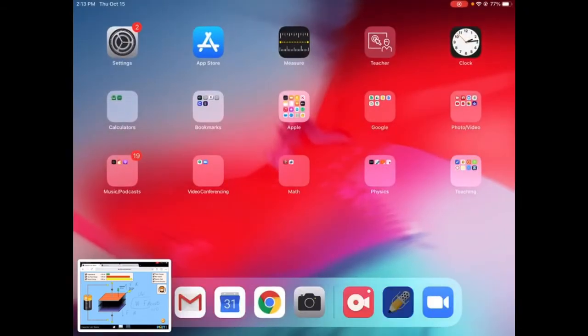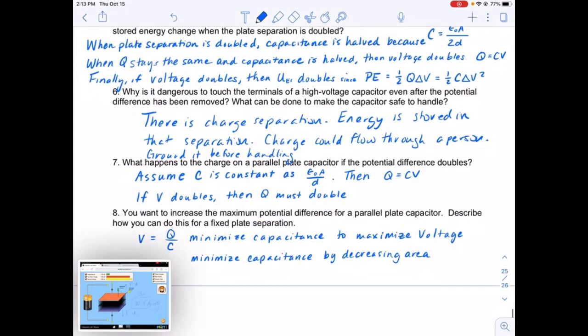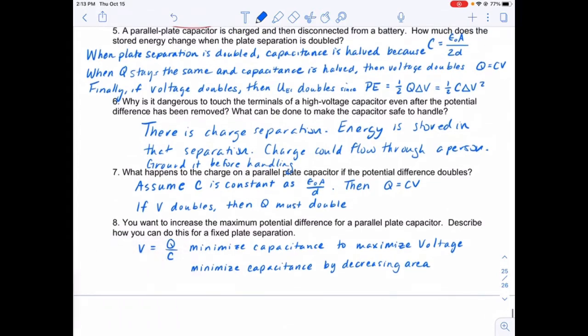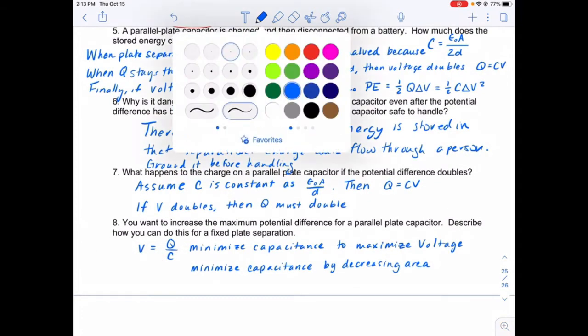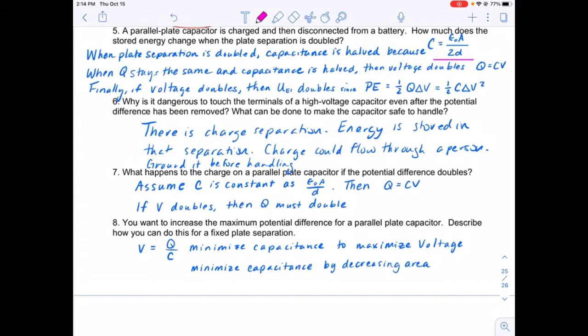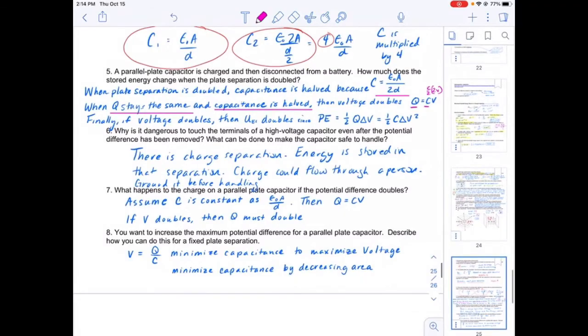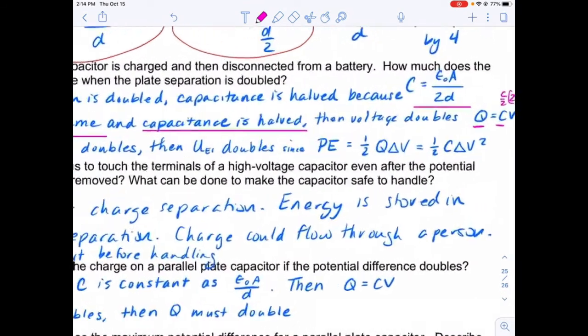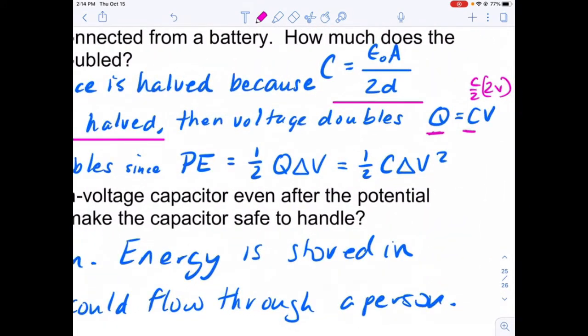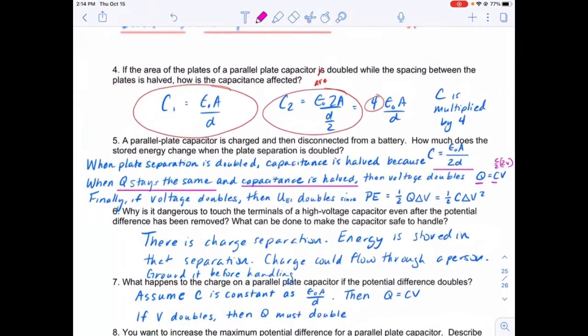Now back to our notes. When the plate separation is doubled, the capacitance is halved. So the capacitance goes down. However, Q stays the same while that capacitance is halved. If Q is the same while capacitance is halved, then the voltage has to be twice as much to get the same value. So the voltage doubles.